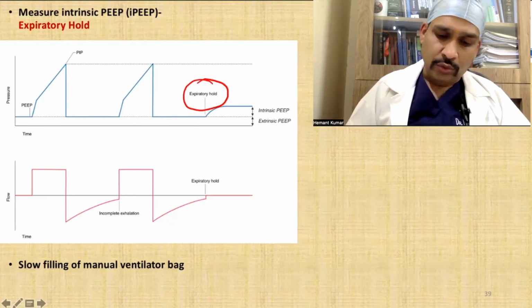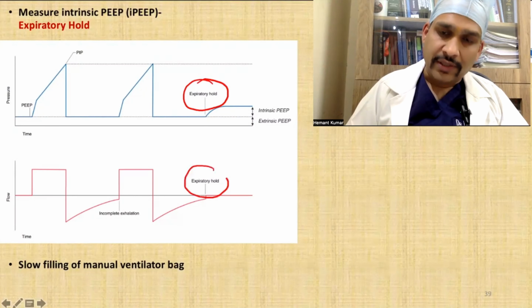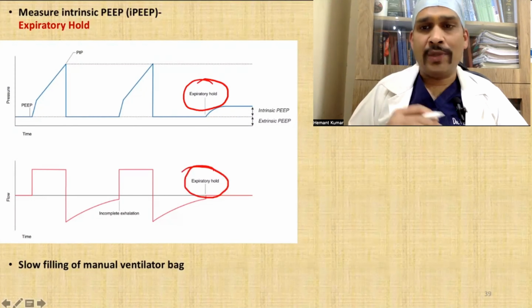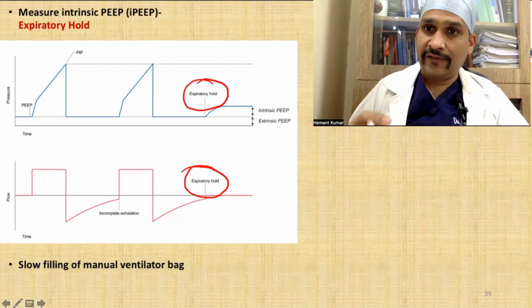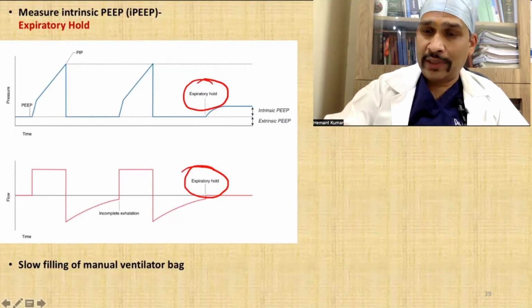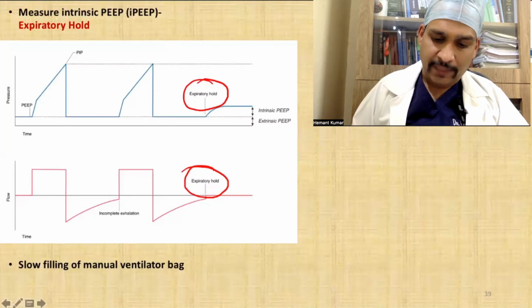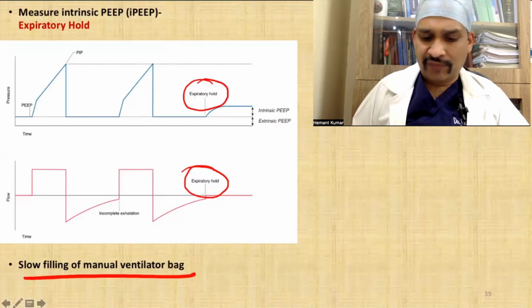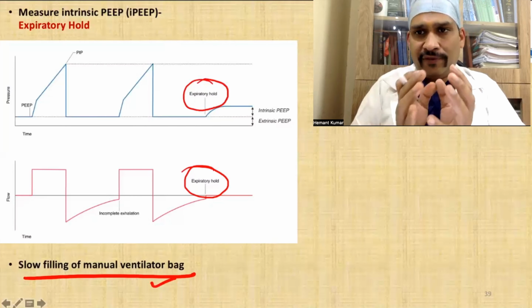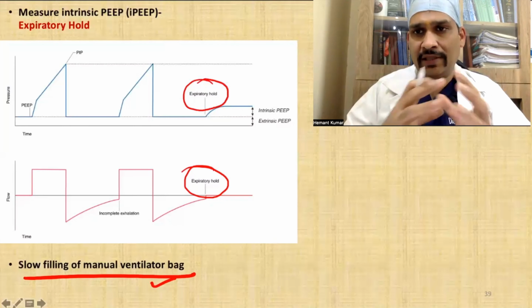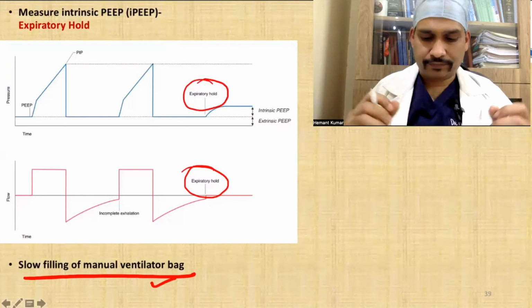So by expiratory hold, we can see how much auto-PEEP is there inside the alveoli. And if we try to ventilate this patient with our Ambu bag, what we will find is slow filling of the manual ventilation bag. The Ambu bag will fill slowly.